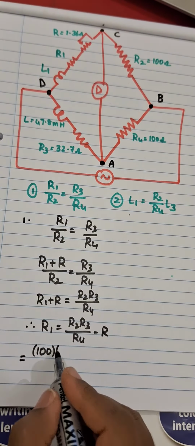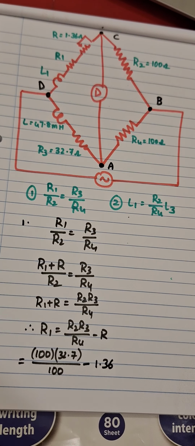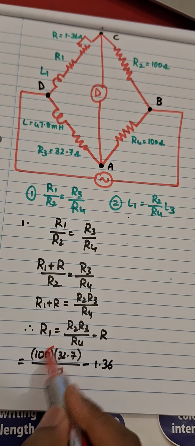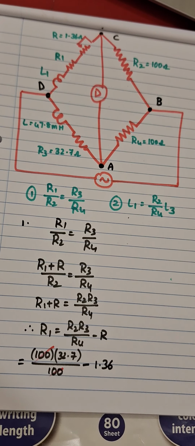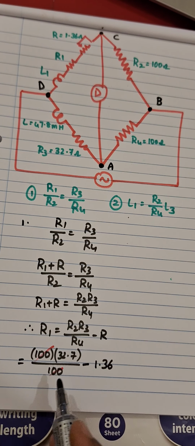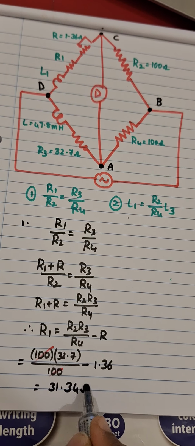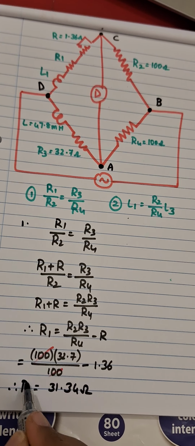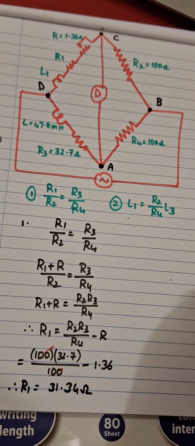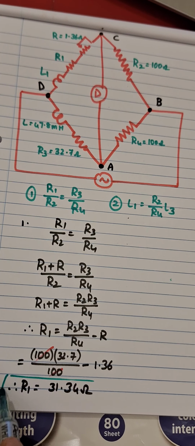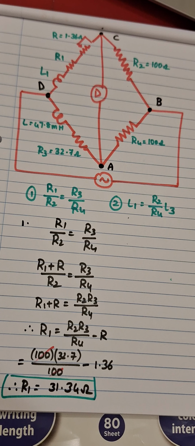So 32.7 divided by R4. R4 is again 100, minus R. R is 1.36. So 100 by 100 cancels, and 32.7 minus 1.36 will give you an answer of 31.34 ohms. Therefore, R1 is equal to 31.34 ohms. Perfect. We are done with this.